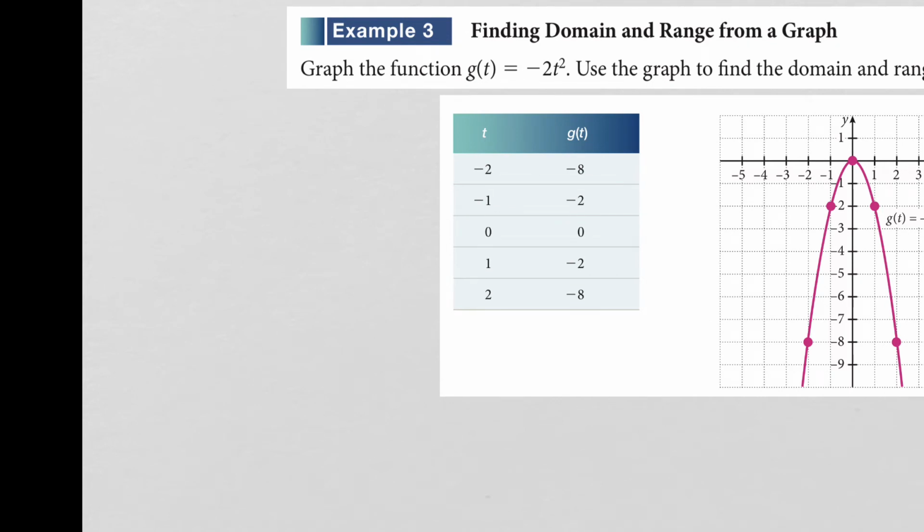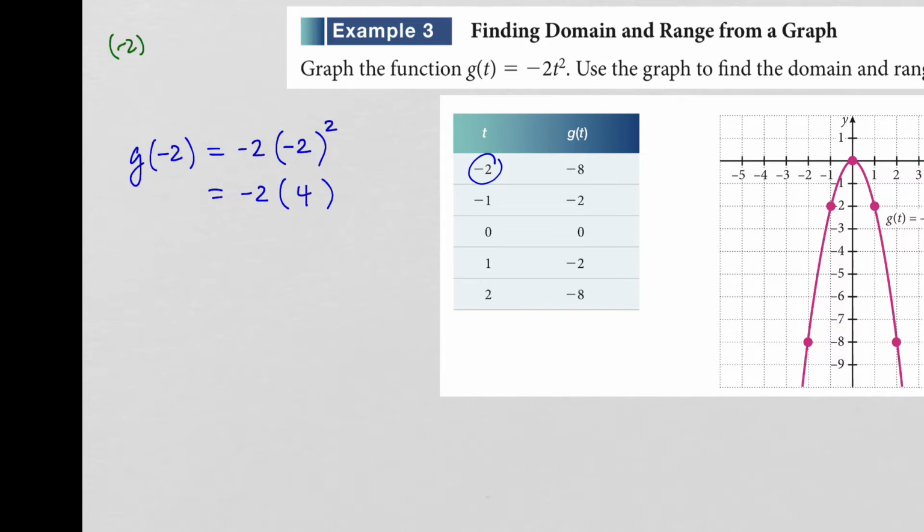So for example, when t equals -2, g of -2 is, according to the function, which is right here, -2 times the value of t quantity squared. So that's going to be -2 times the value of t, which is also -2, to the second power. And this means -2 times, -2 squared is 4, right?